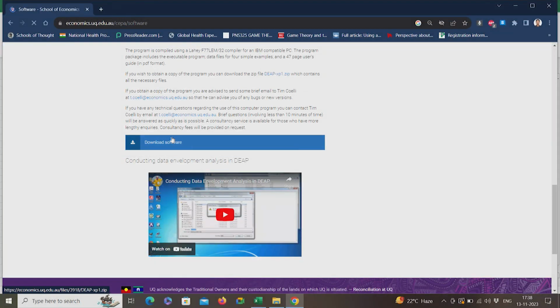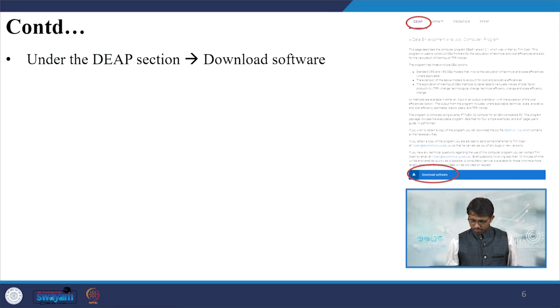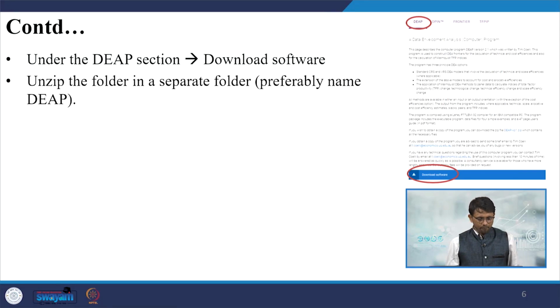Alright, so the download software option is given. This is what I am going to guide you through on my main screen. Now what you do is go to the download software point and click on it, and it gives you a zip folder, and we need to unzip it, preferably with the name DEAP.